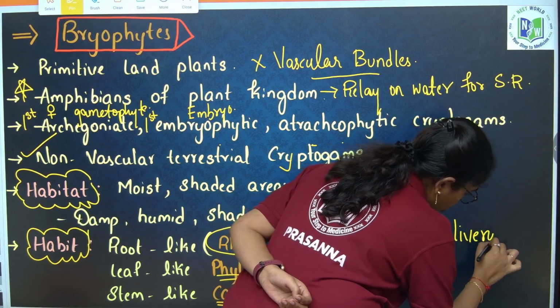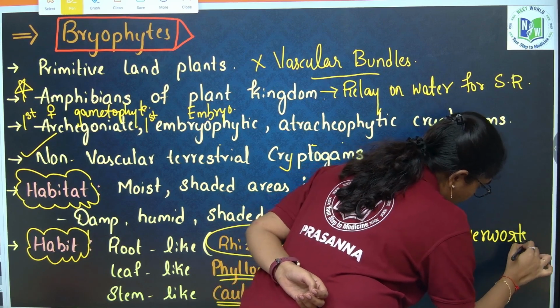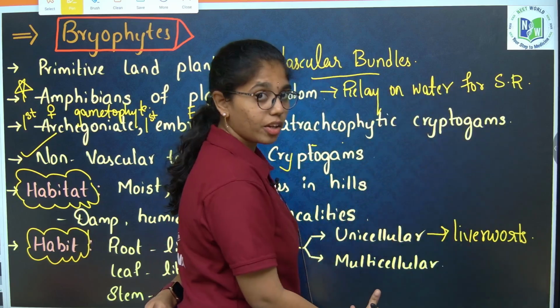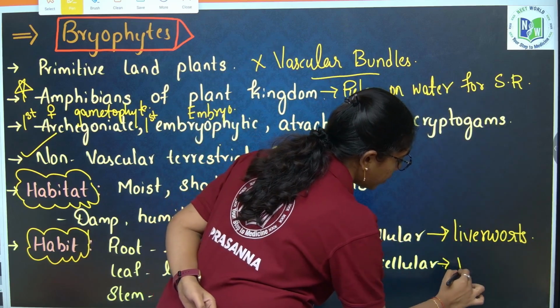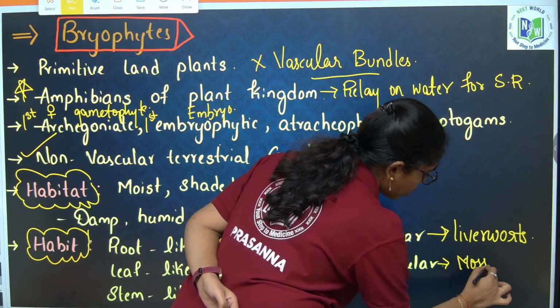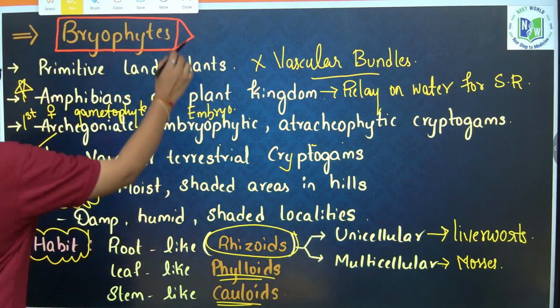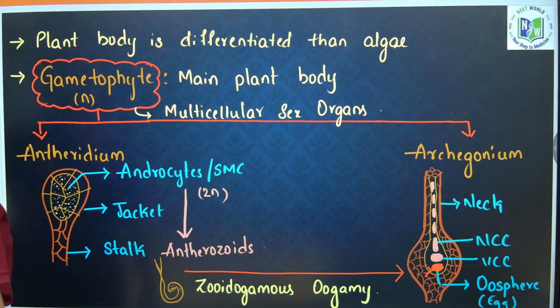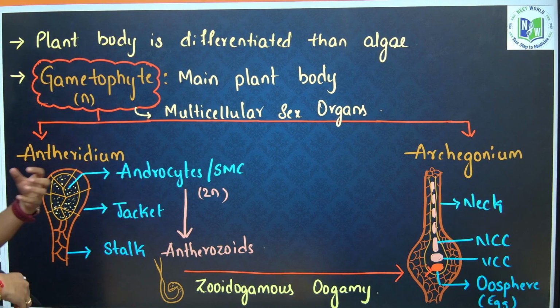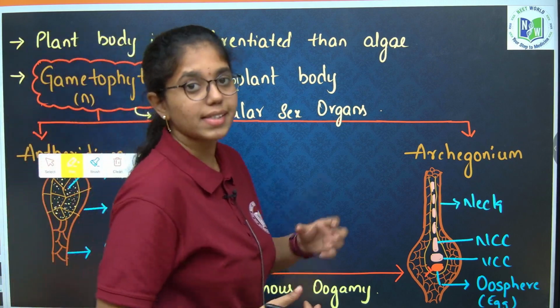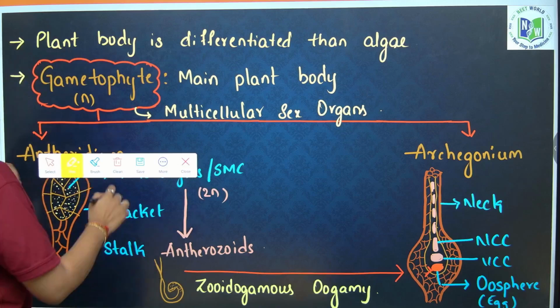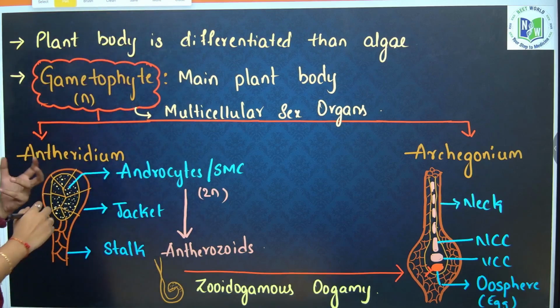Multicellular rhizoids you will see in what, beta? Mosses. Then the plant body is more differentiated than algae, with leaf-like phylloids, stem-like caulloids and root-like rhizoids. Gametophyte is the main plant body.